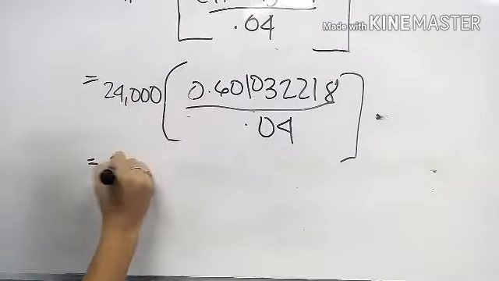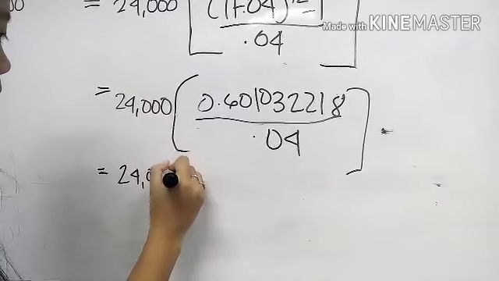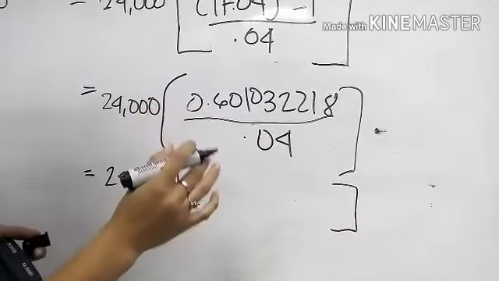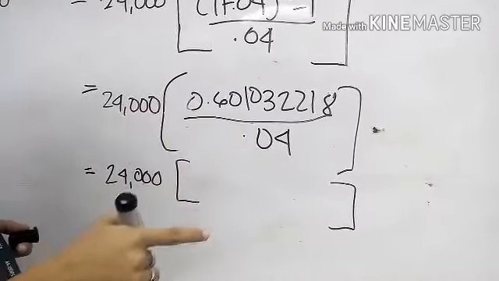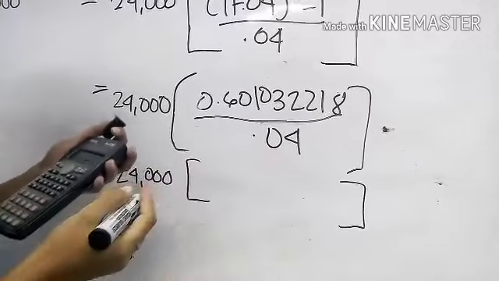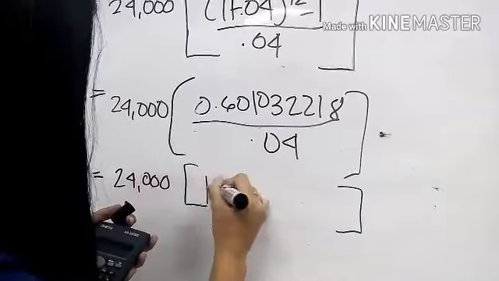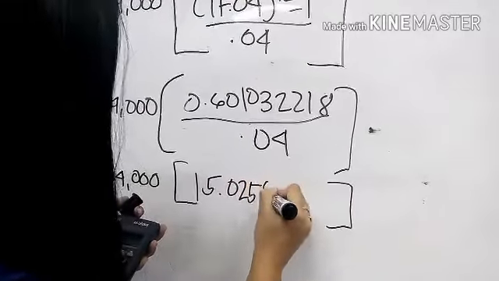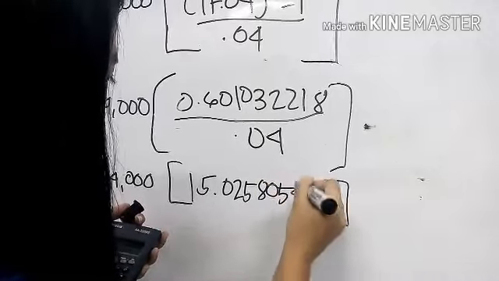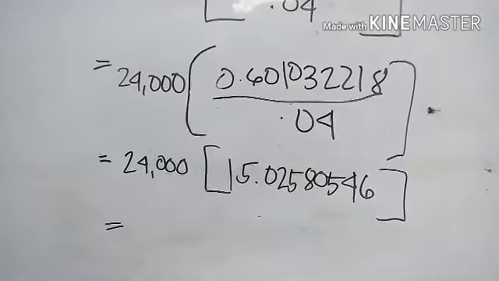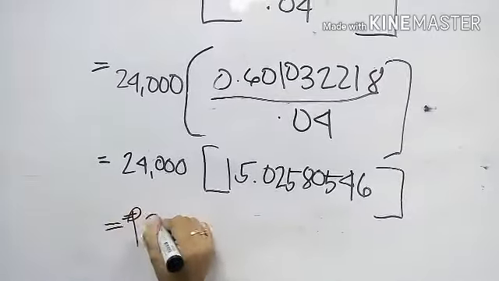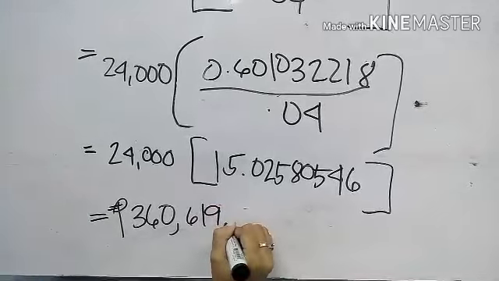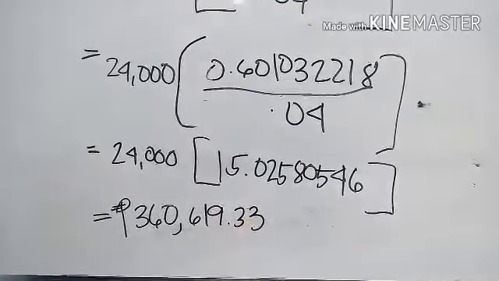Then we have to divide, inside the quantity, 0.6010322218 by 0.04. The answer is 15.02580546. The final answer is 360,619.33 pesos.